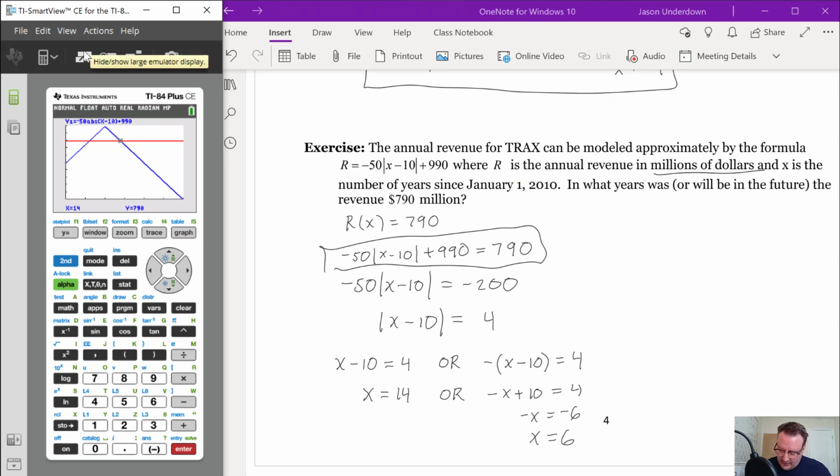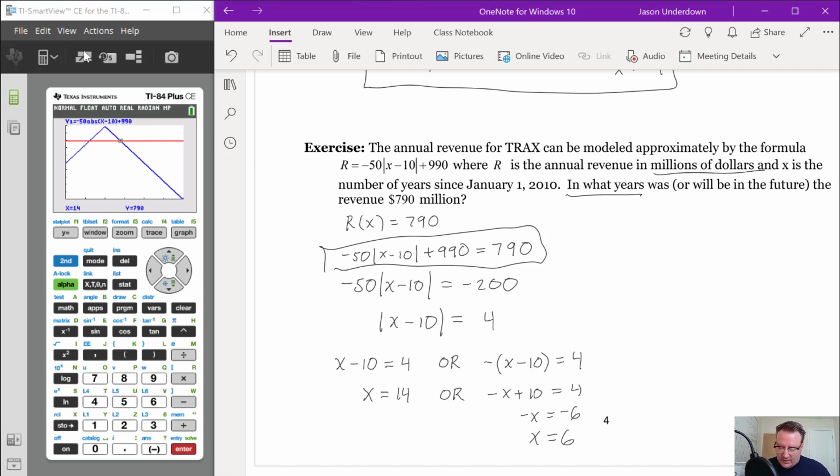Okay, so then, really the question is asking in what years was the revenue 790. So now we've got to remember, year 0 corresponds with the year 2010. And so then year 6 will correspond with 2016.